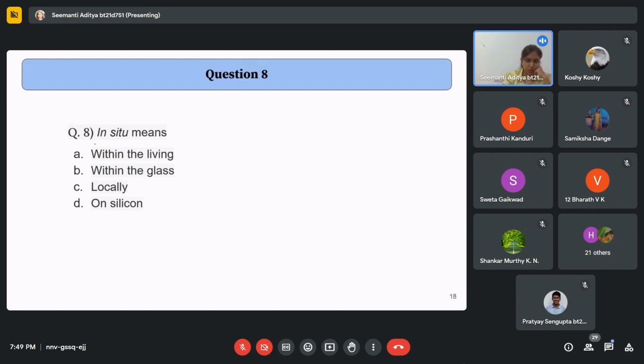We also use it in other aspects. So in situ means in a localized condition or in nearby places, not global. If it is present in local nearby areas, that is in situ. In a global area, it should not be present. So option C is correct for in situ.